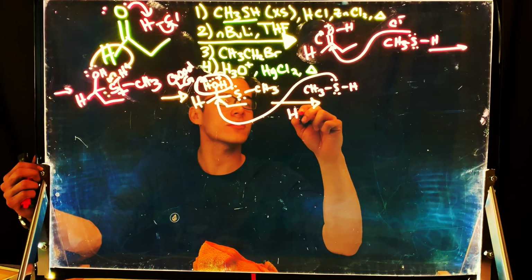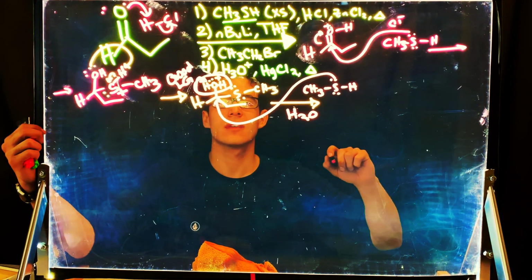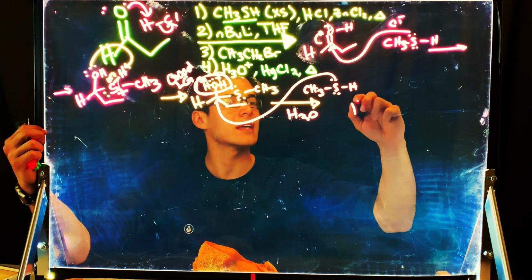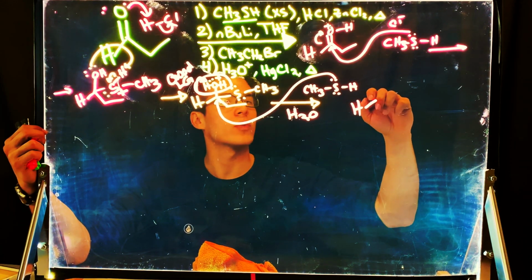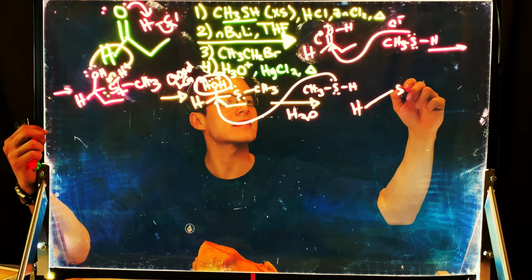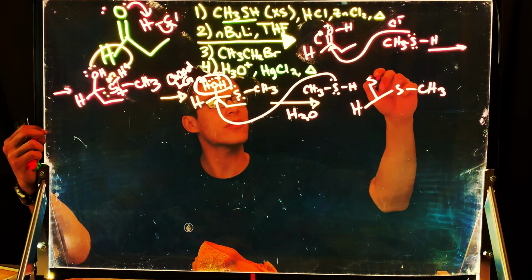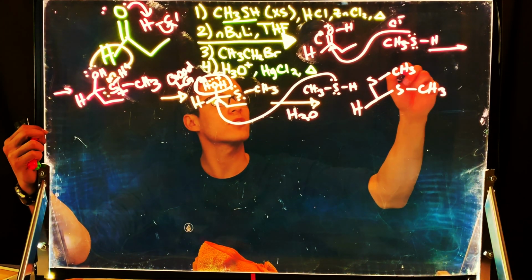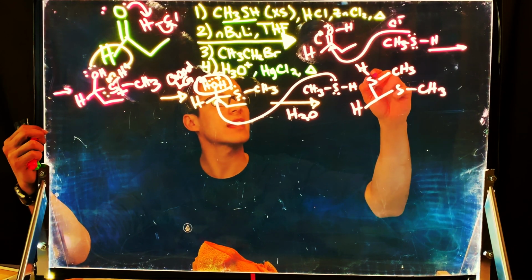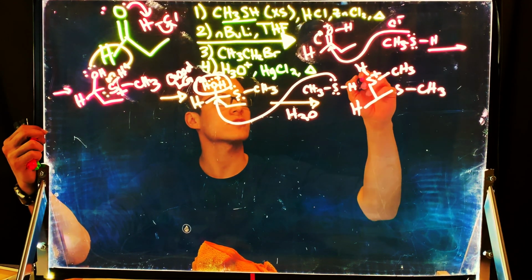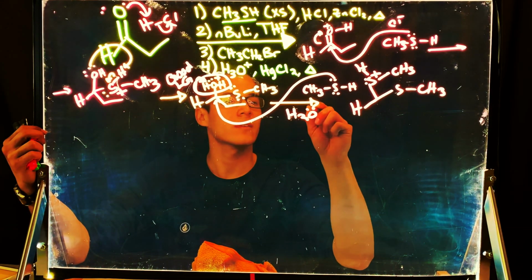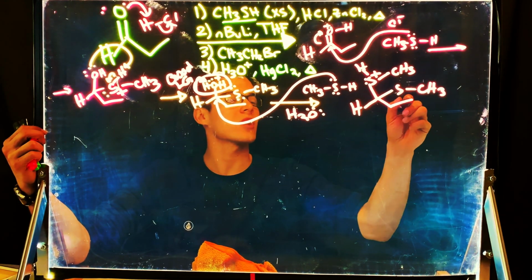So now we get some water and we get H with an SCH3 group and another SCH3 group with a hydrogen and a positive charge. Okay? And then here we still have our 2 carbons.